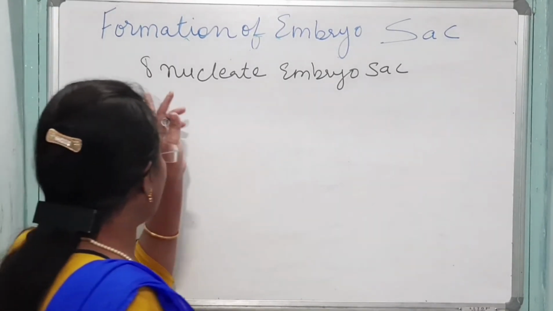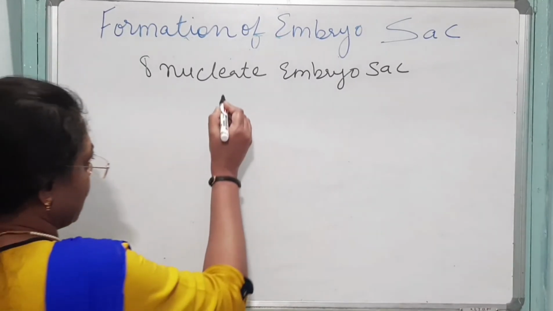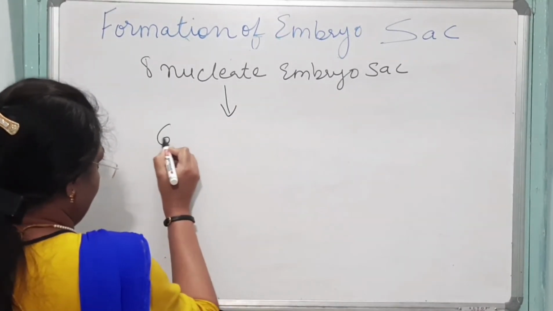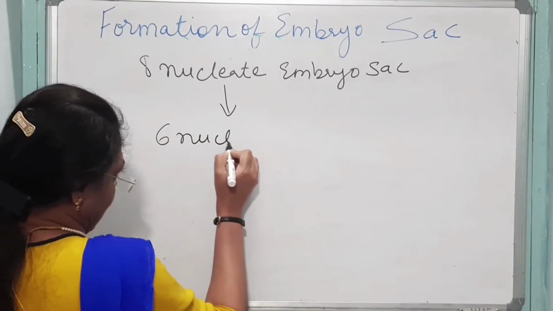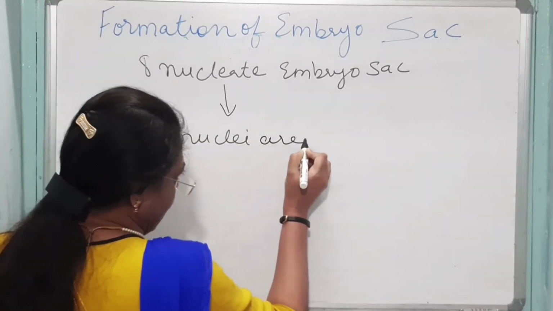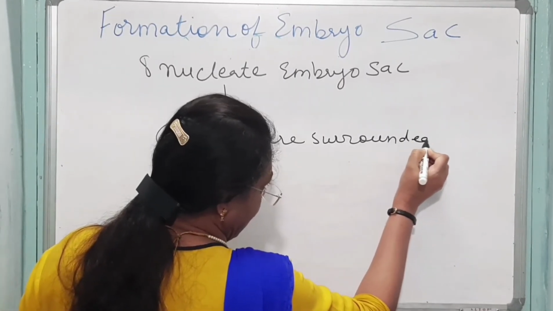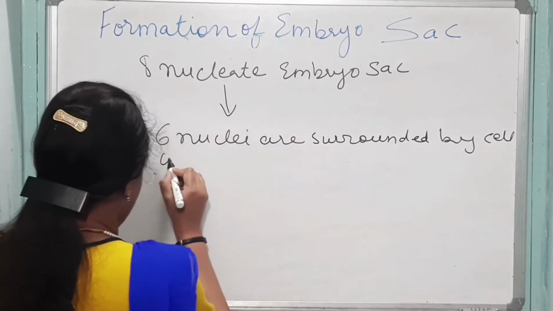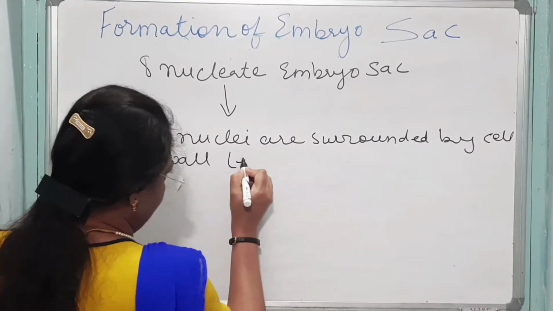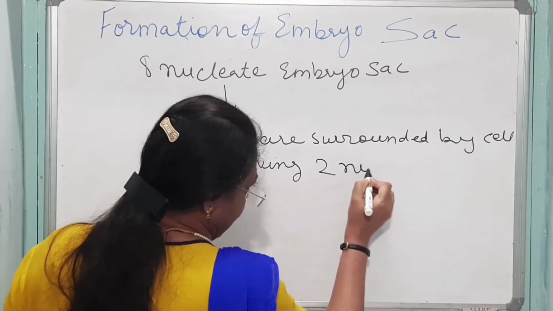Now, out of the 8 nuclei, only 6 nuclei are surrounded by cell wall, leaving 2 nuclei.